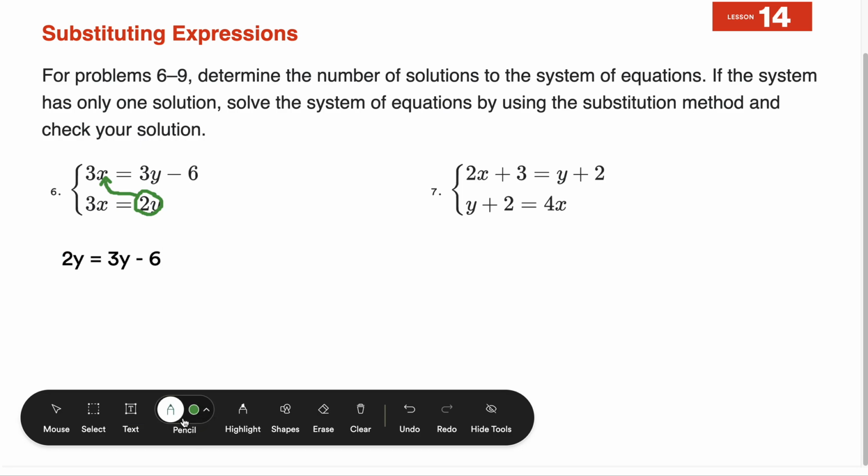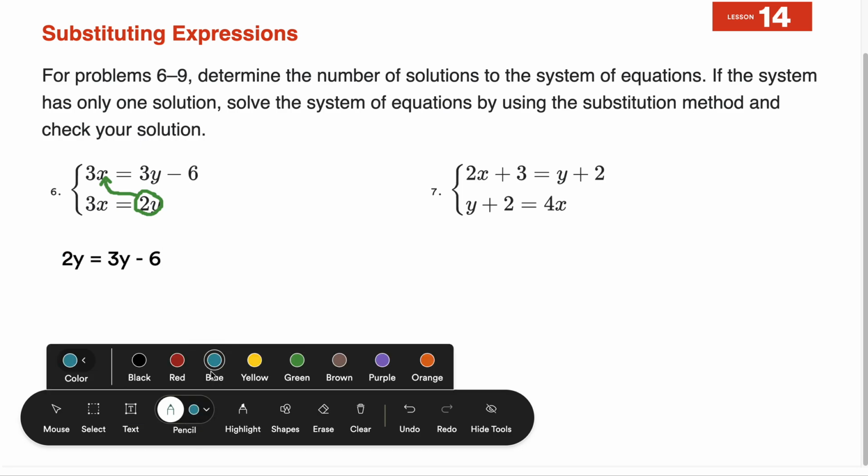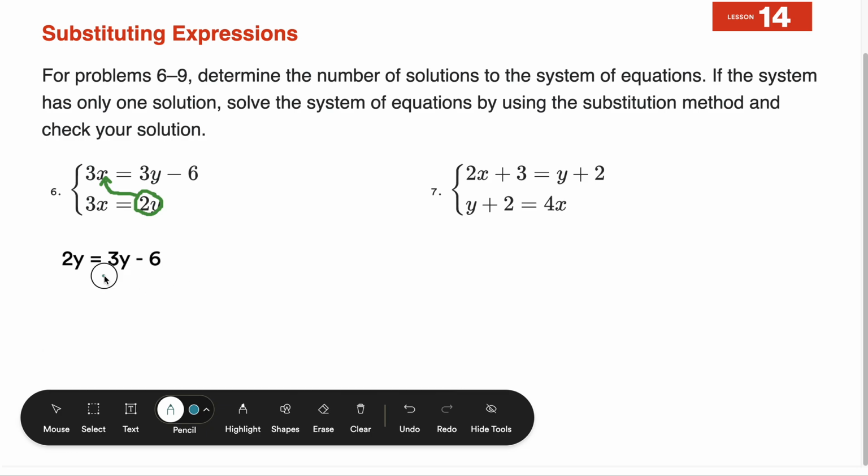So you are definitely going to need your little papers to help you solve these. Now we do have variables on both sides of the equal sign. We want y alone, but I'm first going to move all of my variables to one side, and it doesn't matter which side. 2y minus 3y is going to leave me with negative 1y, or just negative y, equals negative 6.